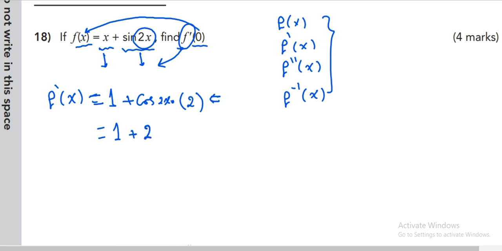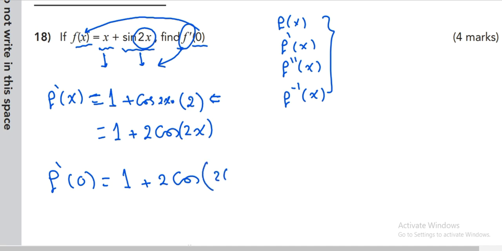It will be 1 plus 2 cosine 2x. To find f dash of 0, simply we have to put 0 in the place of x and calculate. Cosine 2 multiplied by 0, using a calculator, you will find it equals 1, plus 2 equals 3, and this is the final answer.